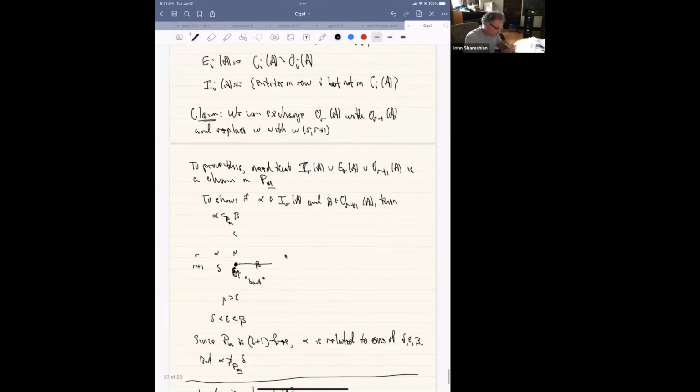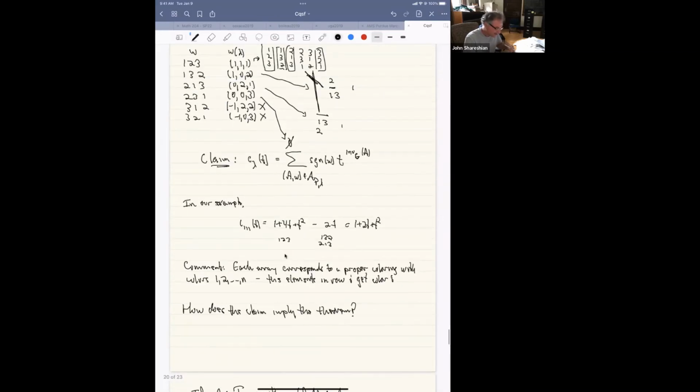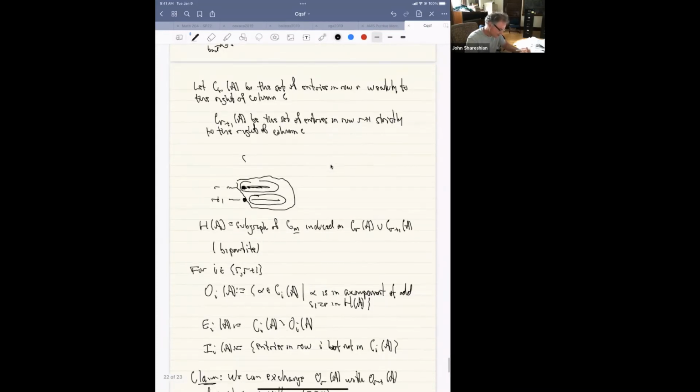Right, so the claim was somewhere right here. What I've shown you is how to get from this formula to the formula involving just tableaux without the signs, by this involution. Why does this hold?